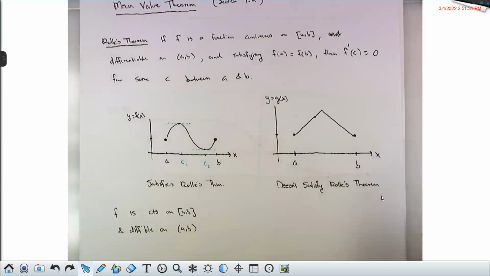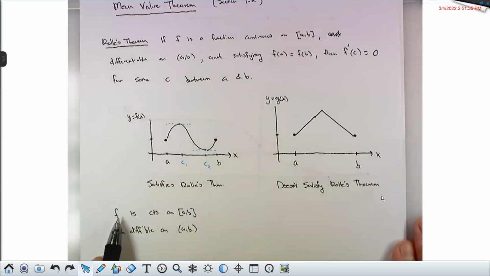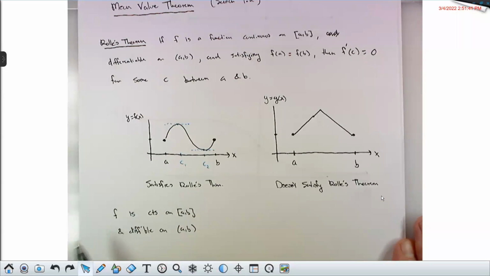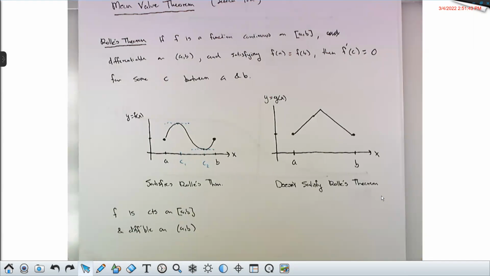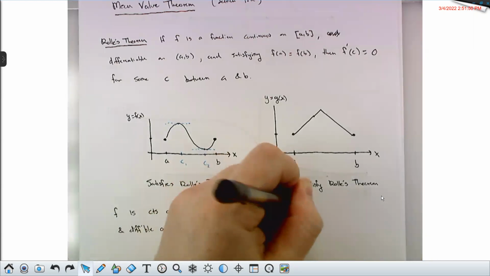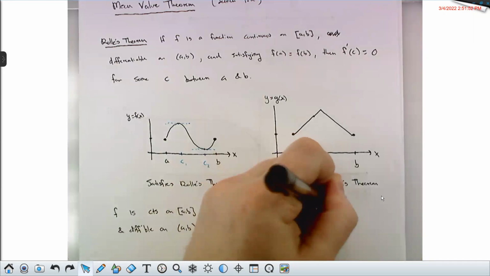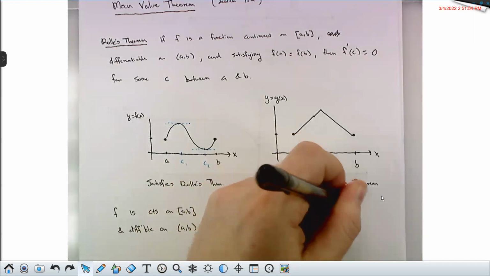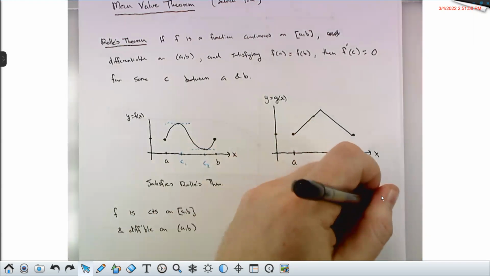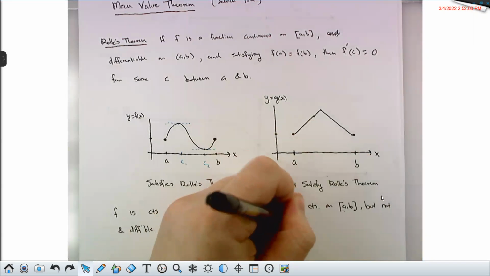And the point of the theorem is that if these two things are true and f of a equals f of b, then there must be a horizontal tangent line, at least one, somewhere between a and b. Here, g is continuous on the closed interval a, b, but not differentiable.